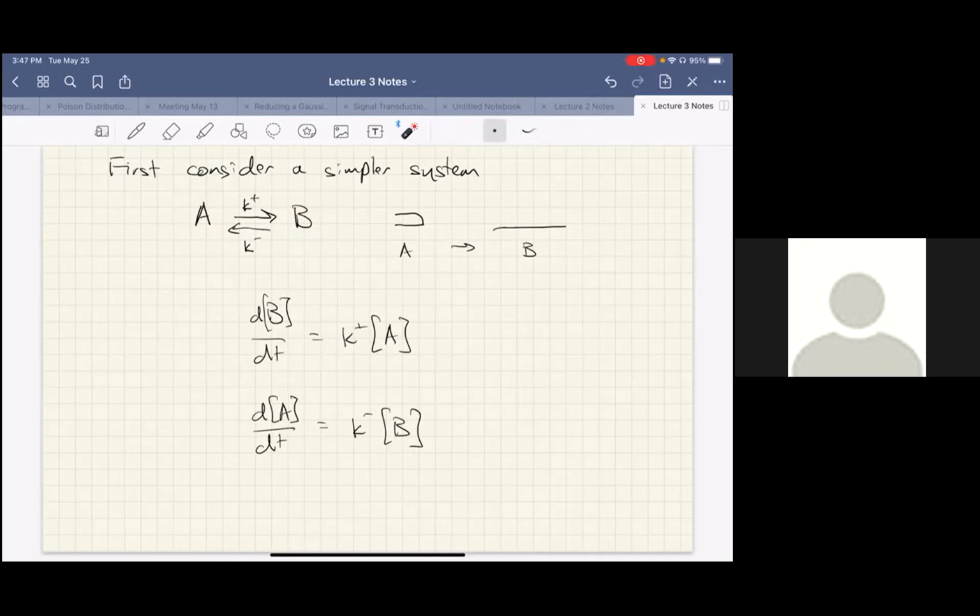And for the reverse reaction, B turns into A with some rate constant K minus, so the change in A is K minus times the concentration of B. So this is quite consistent with what I just talked about.